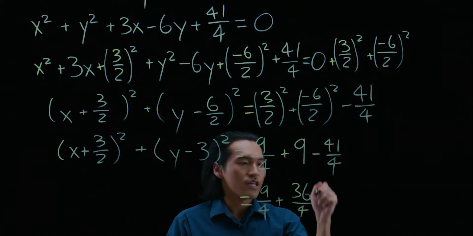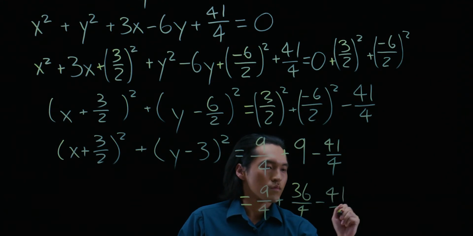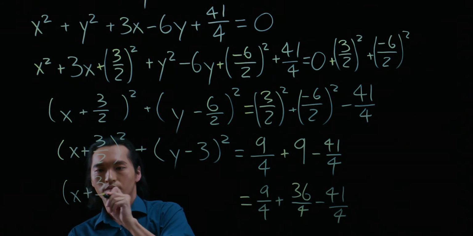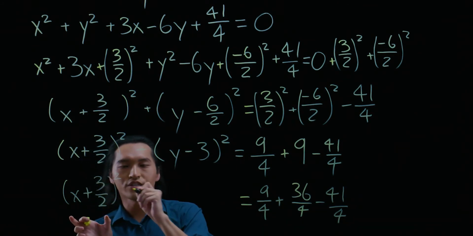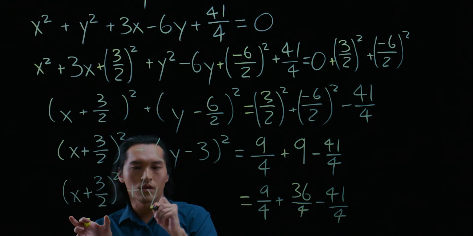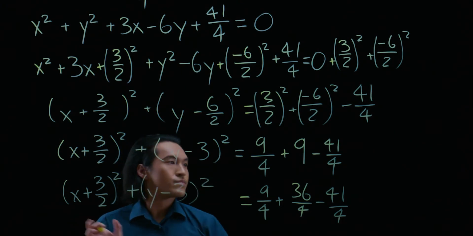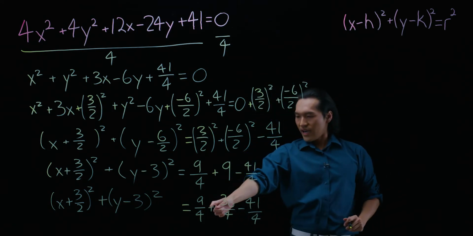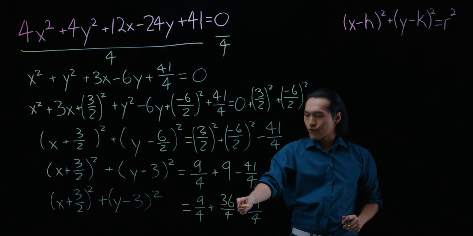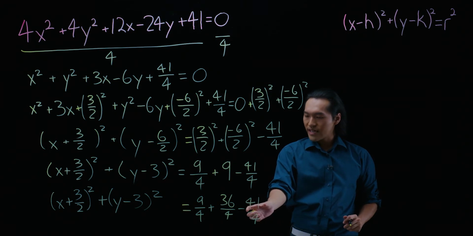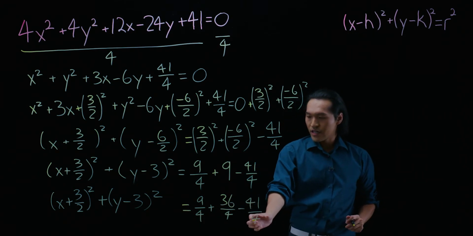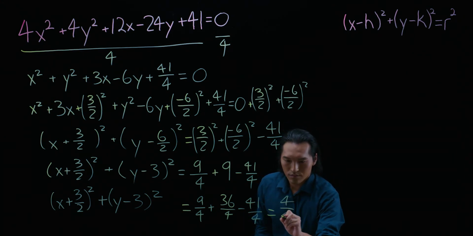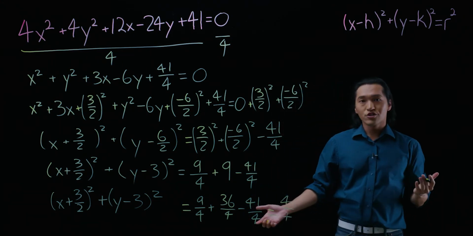And then we drop these, and all of this stays the same, because we've pretty much finished everything we're going to do on the left side of the equation. So now all we have to do is combine this part. 9 plus 36 is 45. 45 minus 41 is 4. So the final answer here is 4 over 4, and we know 4 over 4 is just 1.